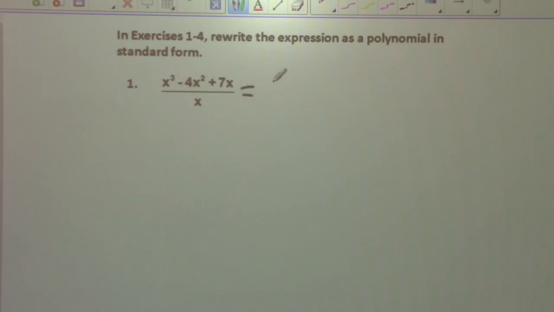So just rewriting this, we're going to have x cubed over x minus 4x squared over x plus 7x over x. And what happens to x cubed divided by x?